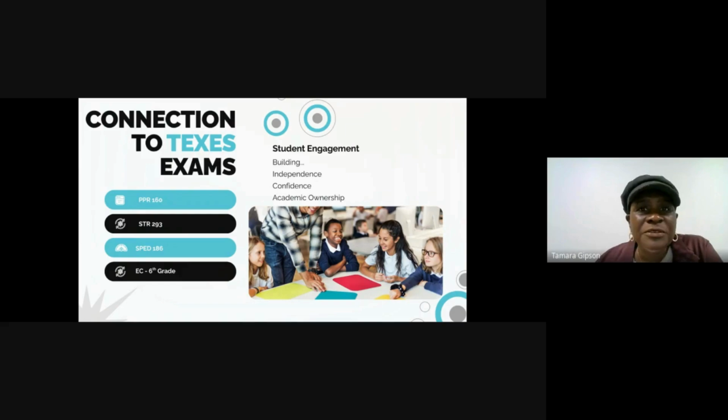But these test writers, they're checking, as I said before, your understanding of how to scaffold, but also how do you build independence in your classroom? How do you help them to gain confidence? And how do you help them as students to take academic ownership? So again, those answers talk about cooperative learning, peer-mediated practice, structured partner talk. These are all, again, scaffolding moves, some of my faves.